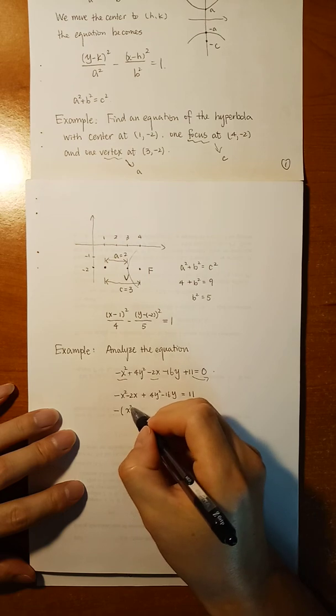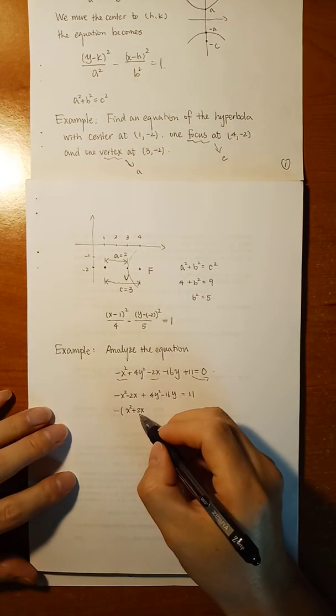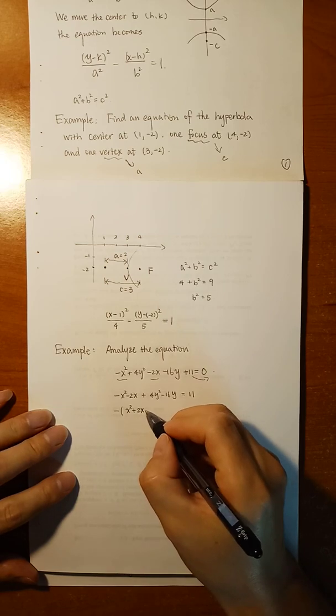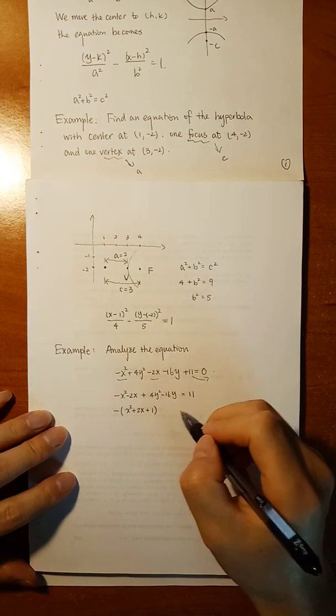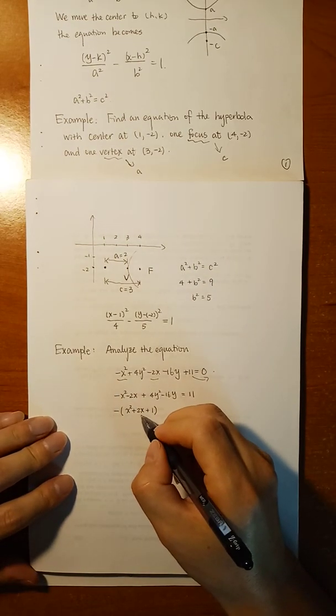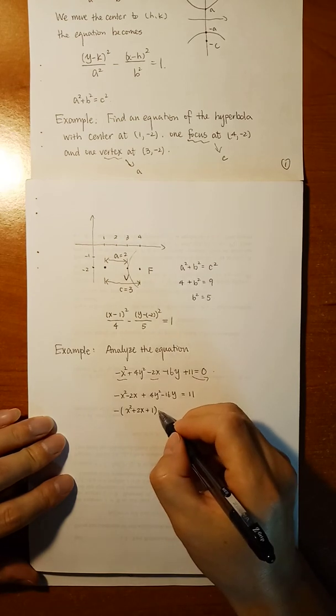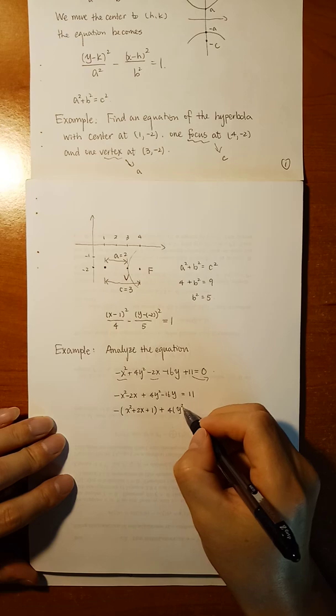So first you group them like this, and second you factor out the negative sign from the x terms. You get x squared plus 2x. Divide 2 by 2, which is 1, so you need to add 1 squared. Remember that we had this trick in the last video: you divide the coefficient by 2, then square it. Here you factor out 4, you get y squared minus 4y.